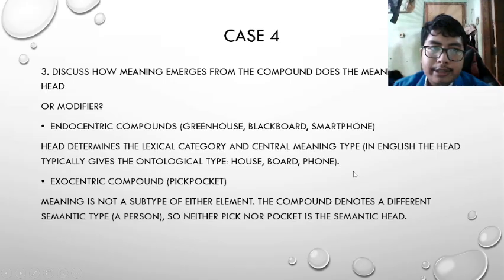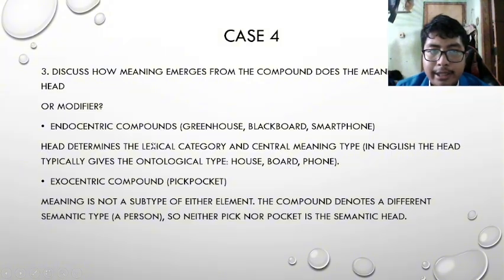Number 3, discuss how meaning emerges from the compound, thus whether the meaning depends on the head or modifier. An endocentric compound: greenhouse, blackboard, smartphone. The head determines the lexical category and central meaning type.